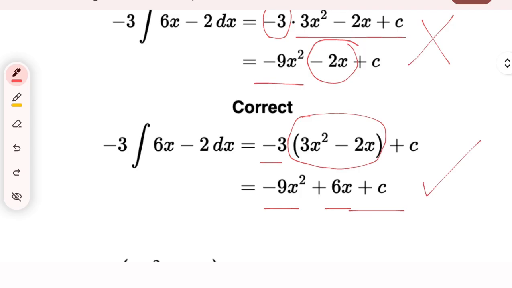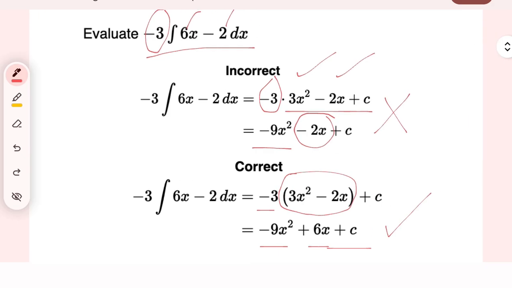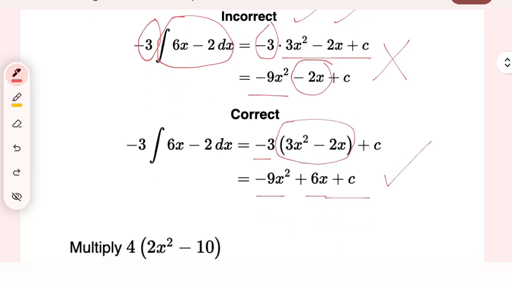All right, so please be very careful. Always look at the given, and since -3 is multiplied to the integral, after you get the integral, you need to multiply everything by -3, not just the first term.